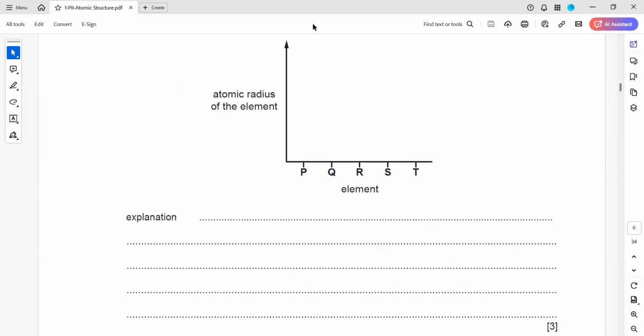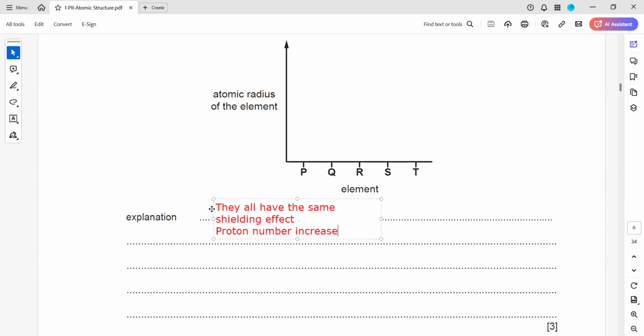The 3 points are there. What are the 3 points? They all have the same shielding effect. Why same shielding effect? Because they're in the same period. Approximately same shielding effect is there. The proton number increases across the period.